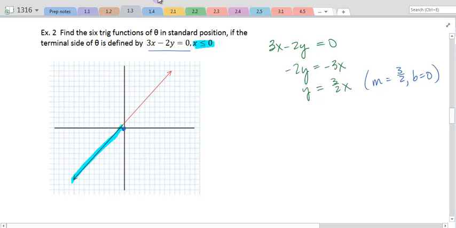In other words, my angle theta went all the way around and stopped down here in quadrant 3.